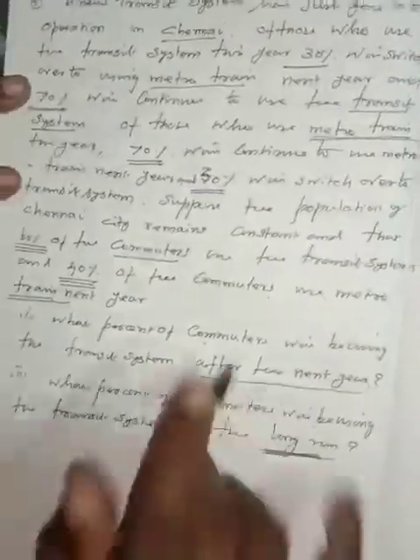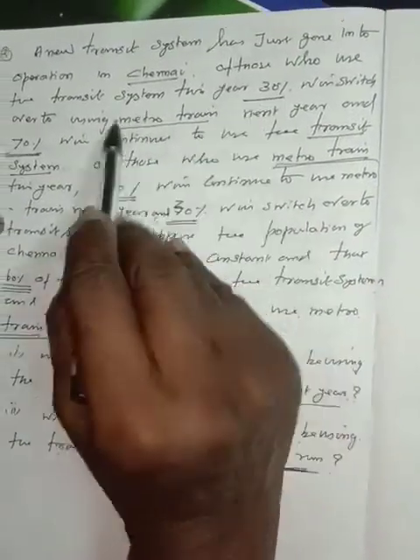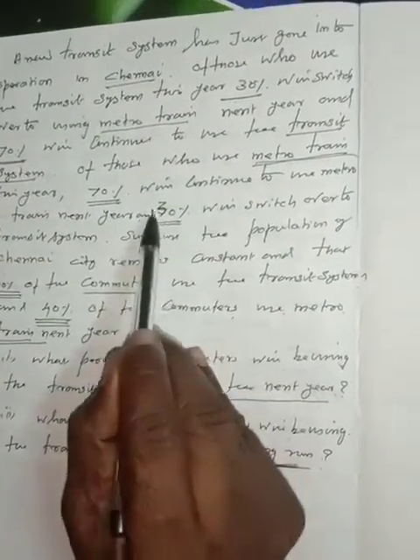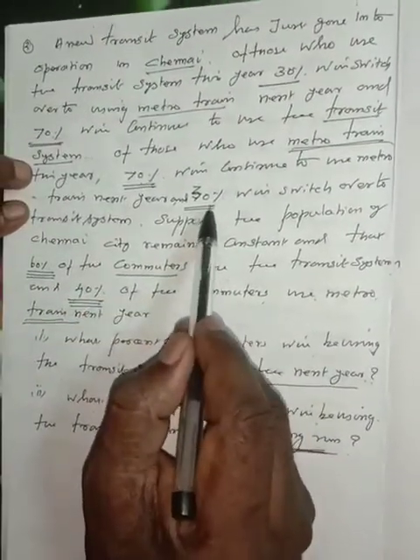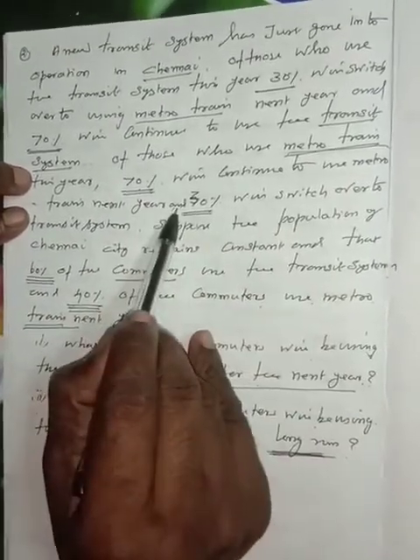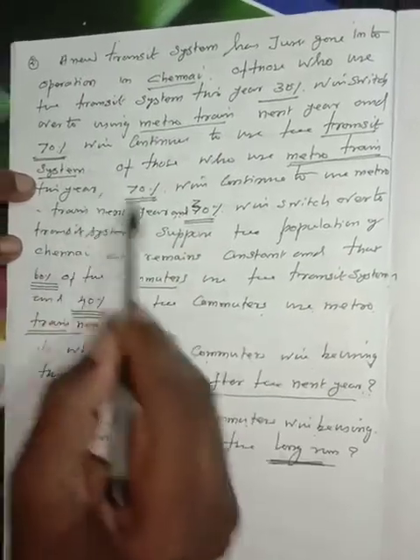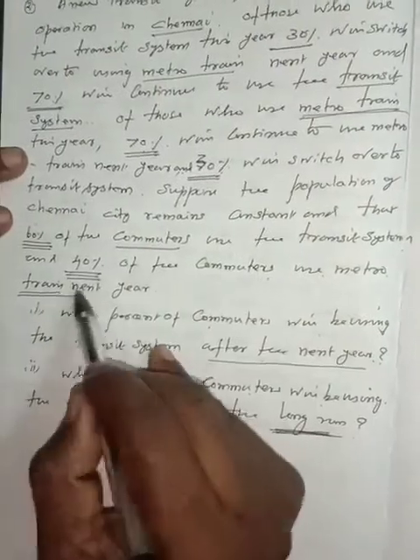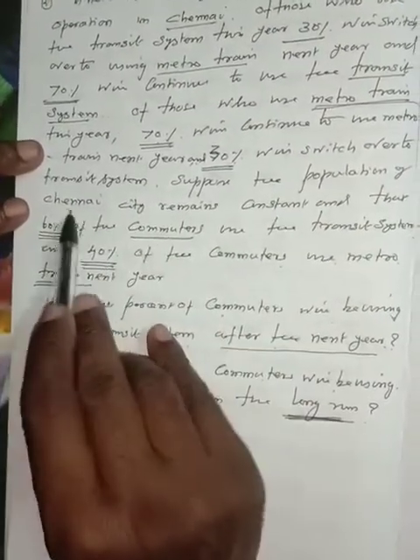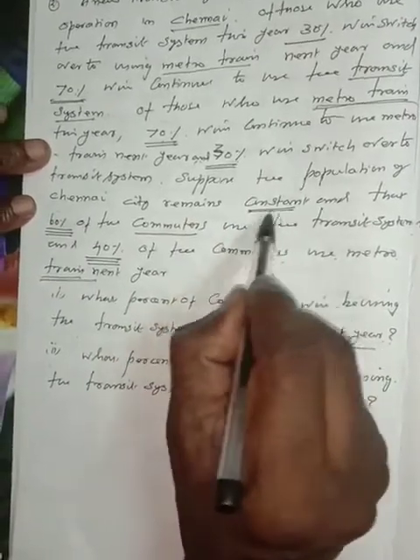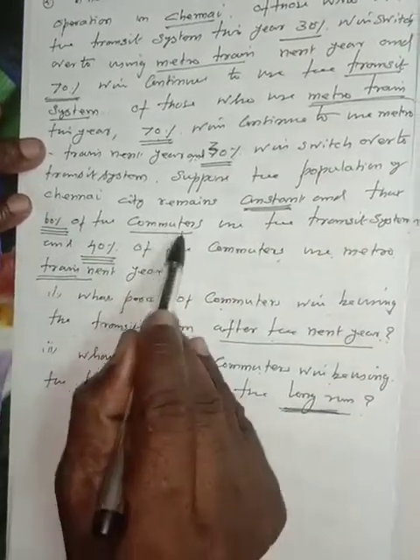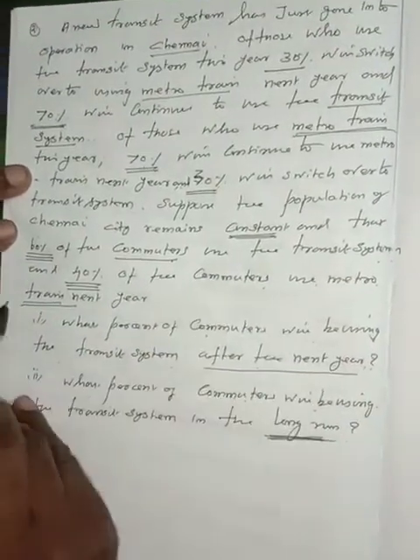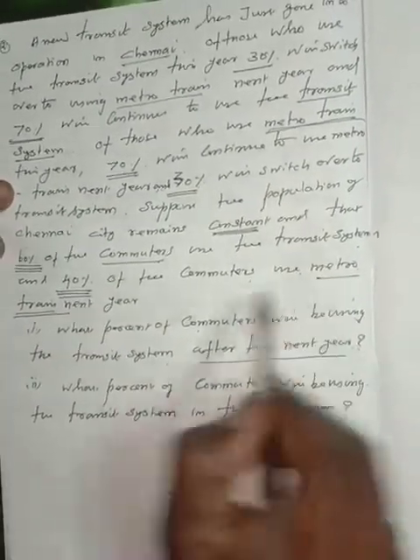First, underline the percentages. Transit system this year 30, then remaining is 70. Next year 70, then metro train commuters 30%. Adding these two gives 100, adding these two gives 100, equilibrium. Since the population of Chennai city is constant, 60% of commuters use the transit system and the remaining use the metro train system.